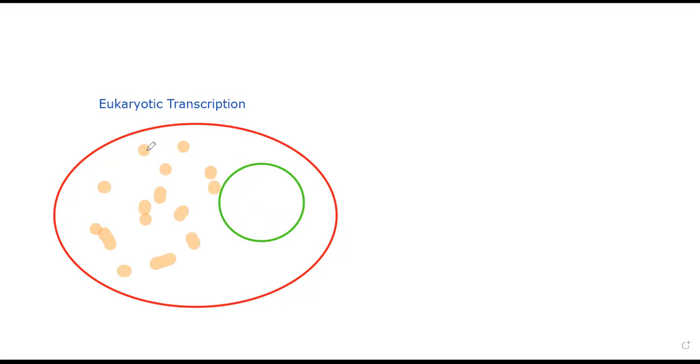Mainly these are the cell organelles which are present in your prokaryotic cell as well. Then what is this green colored chamber called? Yes, this is our nucleus. And in this nucleus, the double-stranded DNA is present.